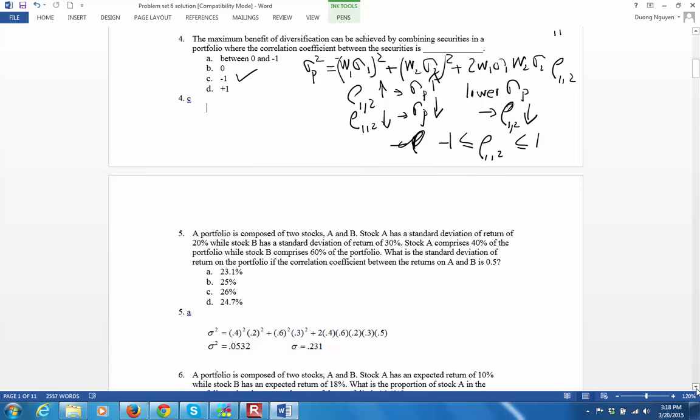Now number 5. A portfolio is composed of two stocks, A and B. Basically, using the same formula as in number 4, I just wrote it here.